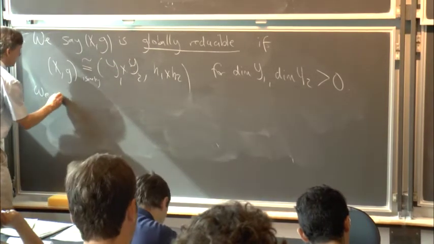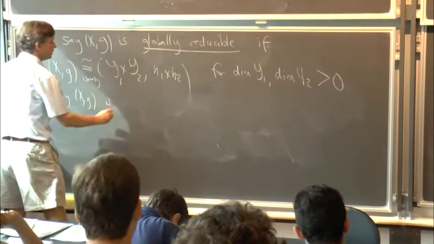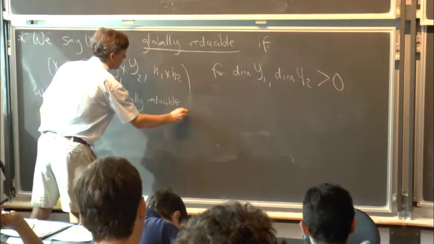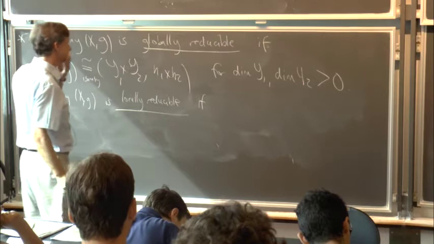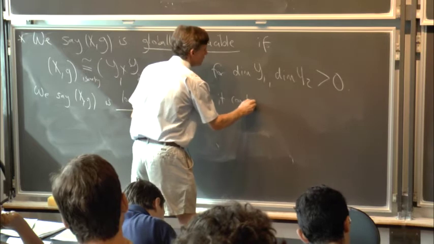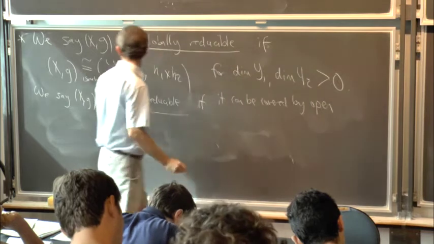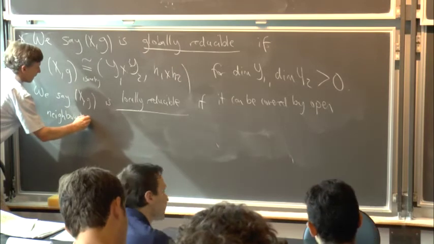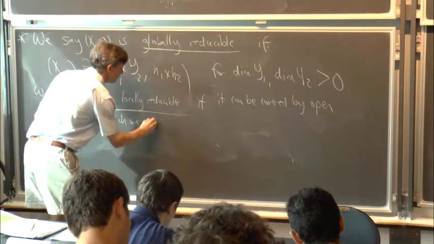So we say (X, g) is locally reducible if it can be covered by open neighborhoods which are globally reducible.